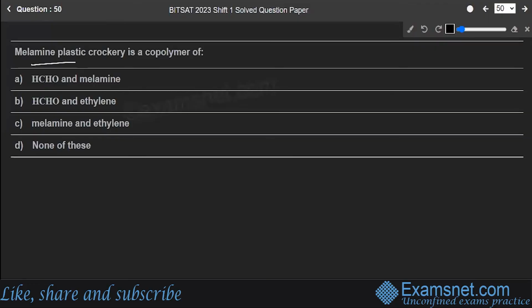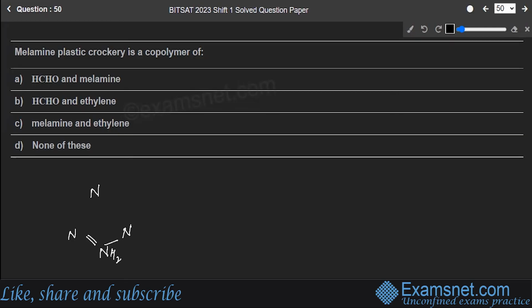Question number 50. Melamine plastic crockery is a copolymer of. The answer to the question is formaldehyde and melamine, option A. Melamine resin is a thermosetting polymer made up of melamine and formaldehyde. It's given by this: you have N, N, N, and over here a double bond with NH2.